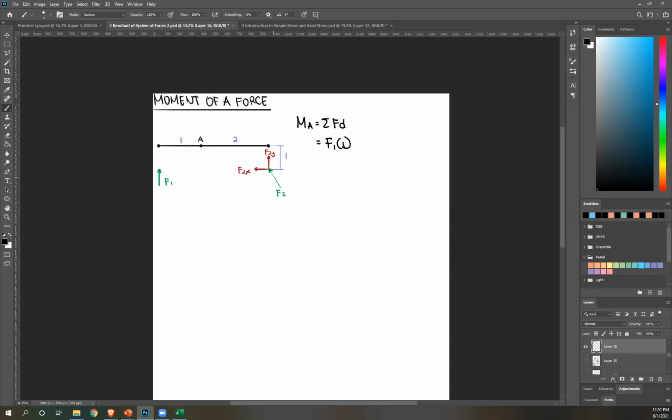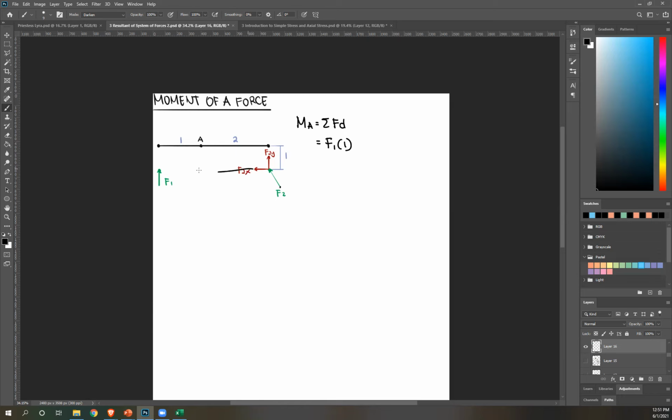Now what about F2? If I extend the line of action of F2, I get something like this, and the perpendicular distance is here. Now this perpendicular distance is a bit of a hassle to figure out. So instead, I'm going to divide my force F2 into components F2x and F2y. Let's start with F2x.